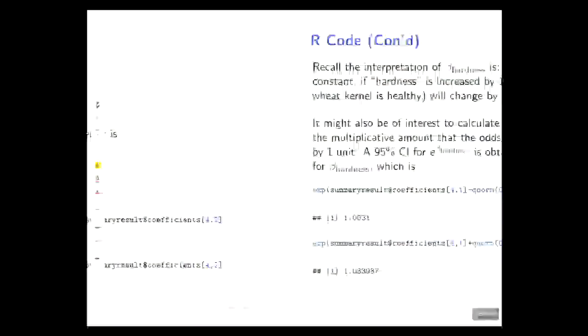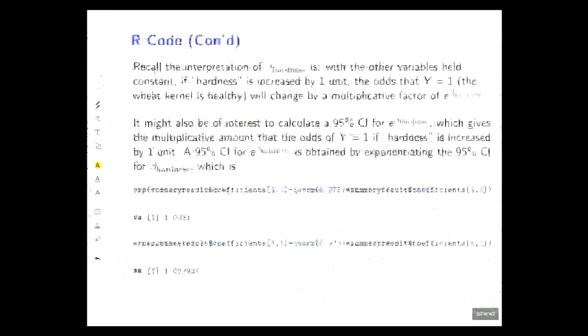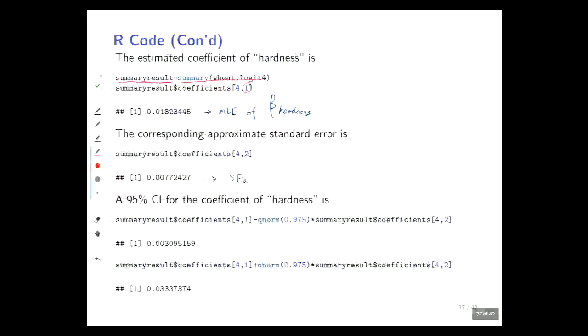So you just use the summary result, the fourth row and the second column, to call the standard error. In that case, you can call these two values in the summary table directly without inputting them by hand. The next thing is to obtain the confidence interval for the coefficient of hardness.